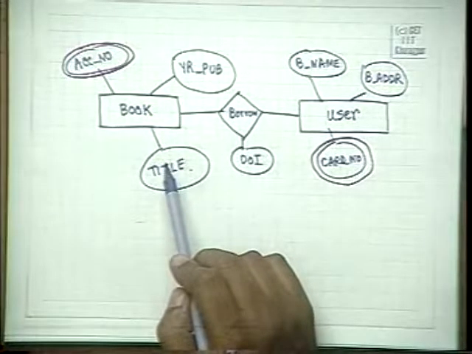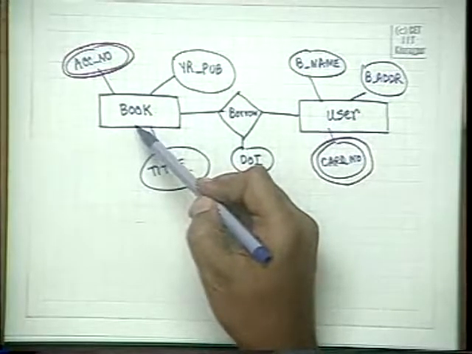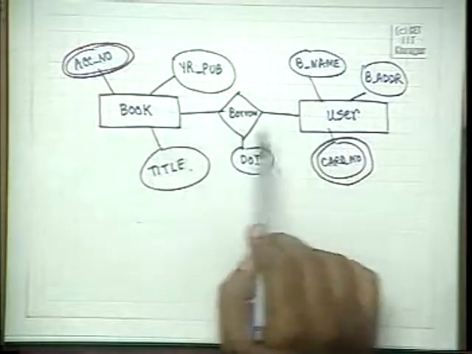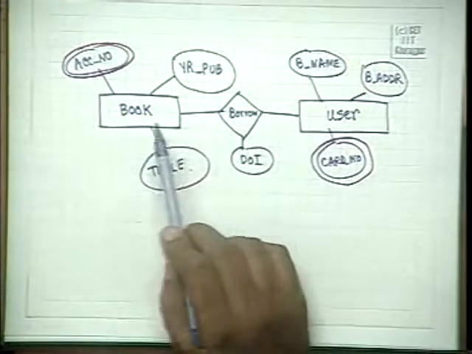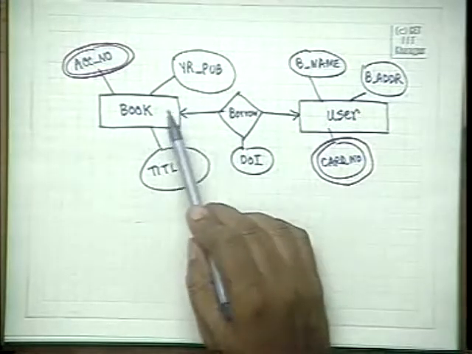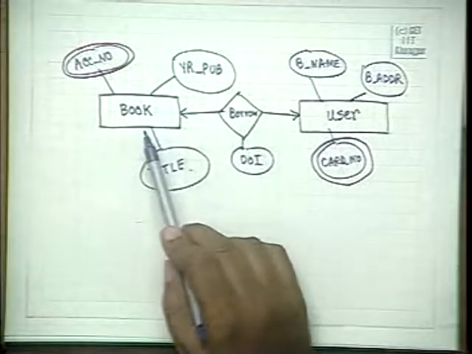If it is many, then two entities can participate in more than one relationship. And if it is one, then we will mark it like this and say that for one book only one user, and for one user only one book.